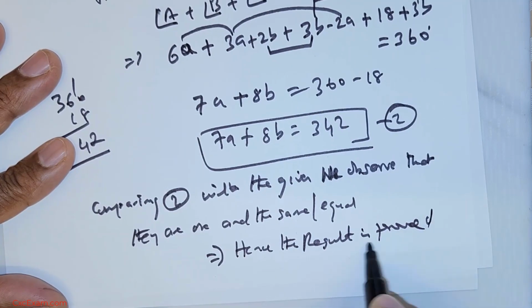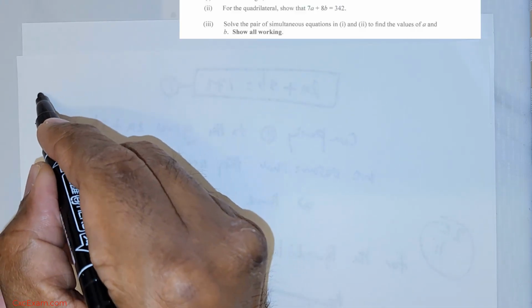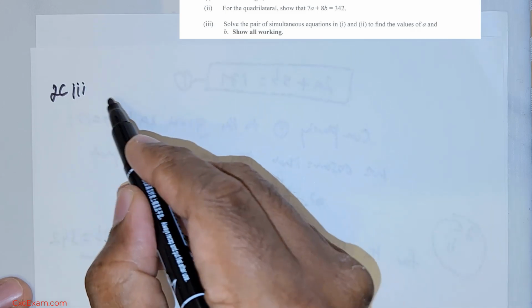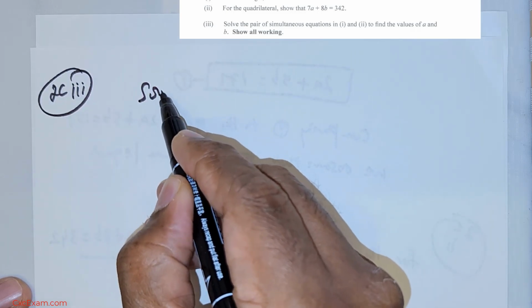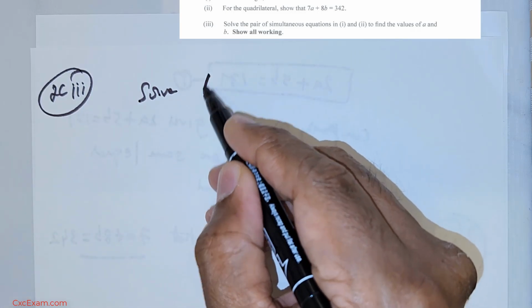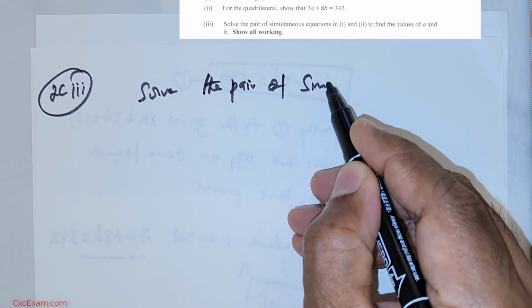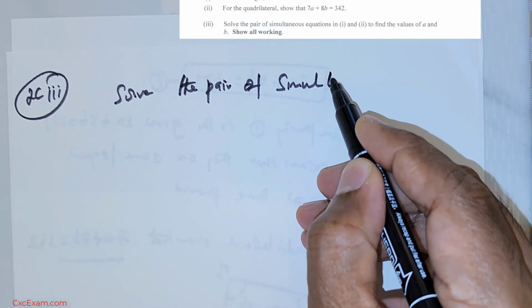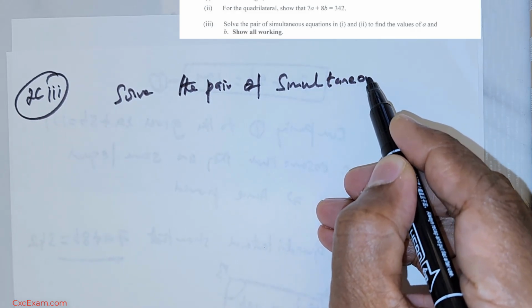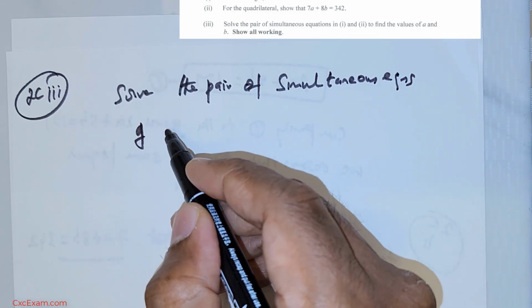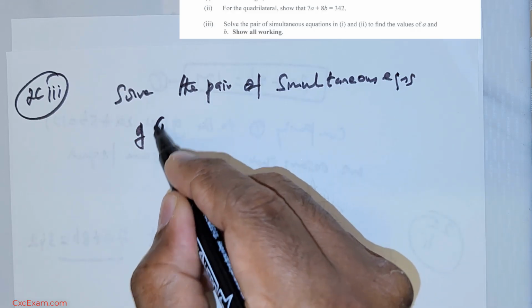Okay, so that's the solution for this question. Okay, this is the next part. This is 2C section 3. They are asking us to solve the pair of the simultaneous equations that we just got, 1 and 2.